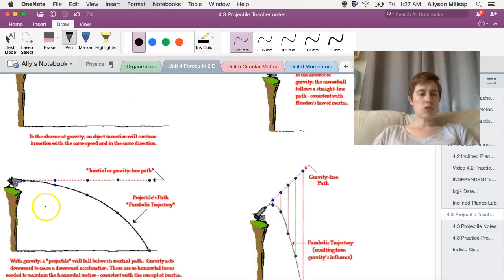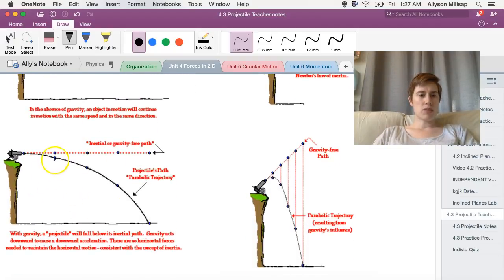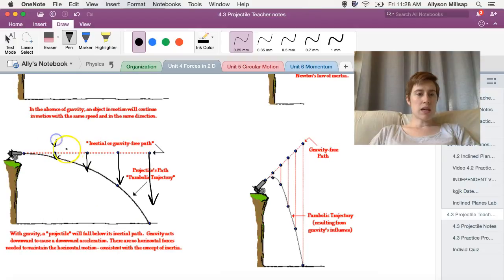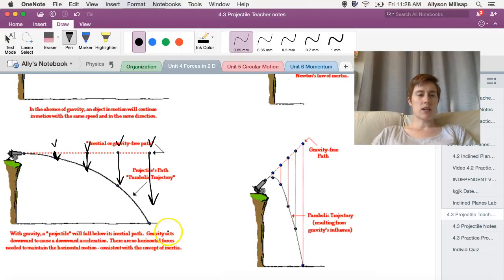What happens when a force starts acting on it? Here's what happens in real life. Gravity pulls the object down. The force is going in the downward direction due to gravity, so it's pulling the object down. So actually there's a speed downward now on this cannonball. The speed vertically is increasing due to gravity's acceleration.